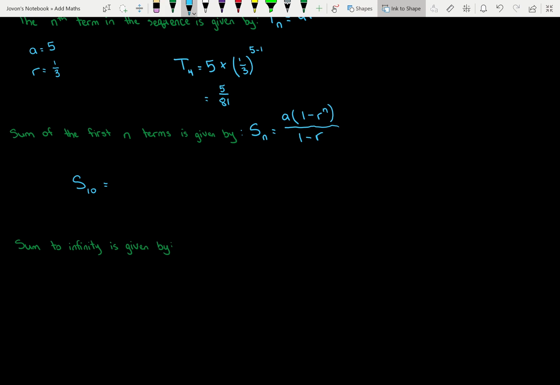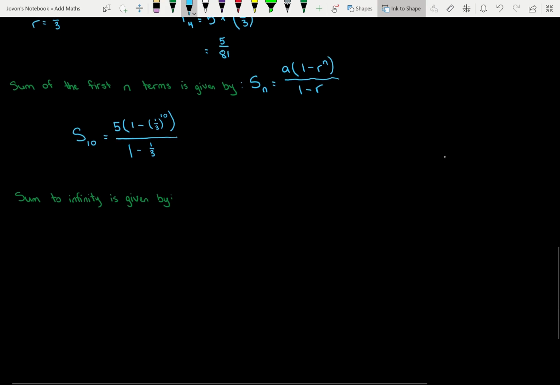All it will be is a, which is 5, multiplied by 1 minus r to the power of n, which is 10, all over 1 minus 1/3. And it's as simple as that. And this will give you the sum of the first n terms.